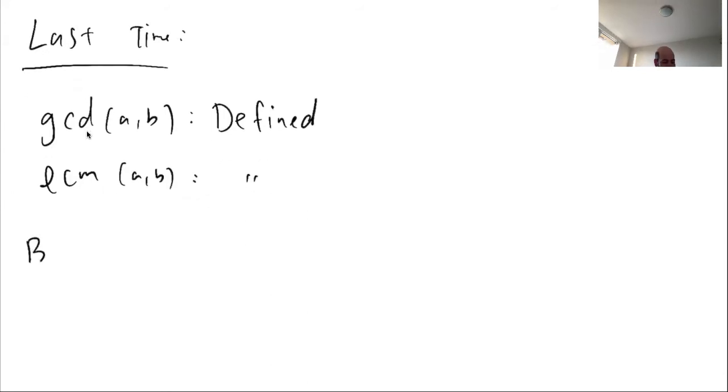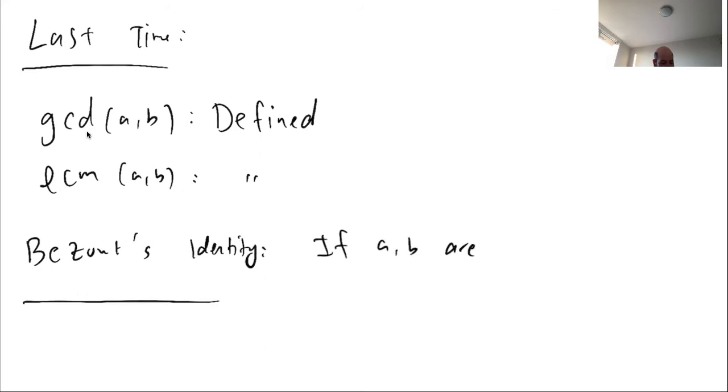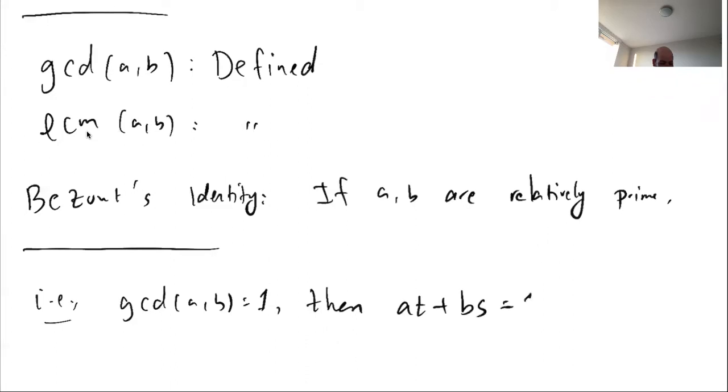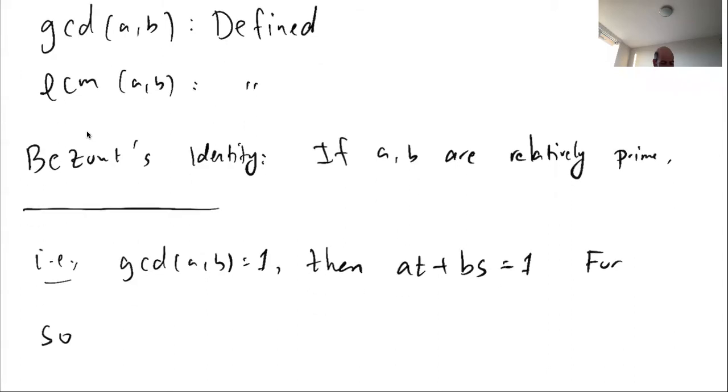And then we also looked at Bezout's identity, which says that if A and B are relatively prime, relatively prime meaning GCD of A and B is 1, then AT plus BS equals 1 for some integers T and S. So relatively prime is another name for when the GCD of two numbers is 1.